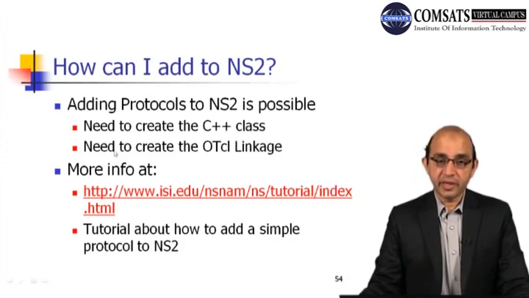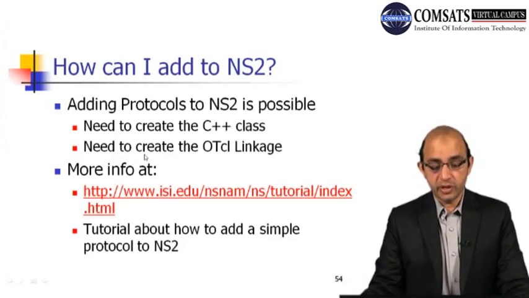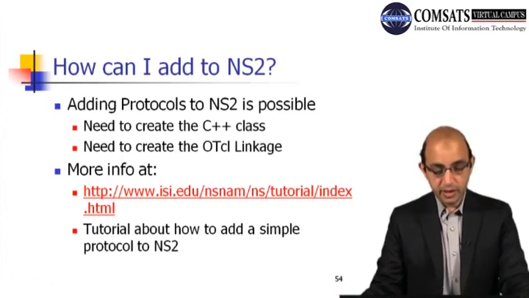And of course, after creating the class, you need to create the OTcl linkage, because we have shown in slides previously that there is a linkage between C++ and OTcl, right? You can find the tutorial over here if you want to add your own protocol in NS2, right?